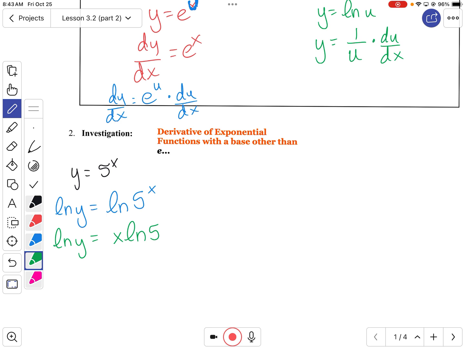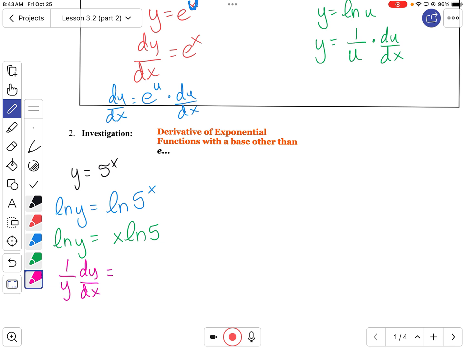Now let's do a little implicit differentiation. What would be the derivative of ln of y? It's 1 over y times dy/dx, equals, now ln of 5 is a coefficient.